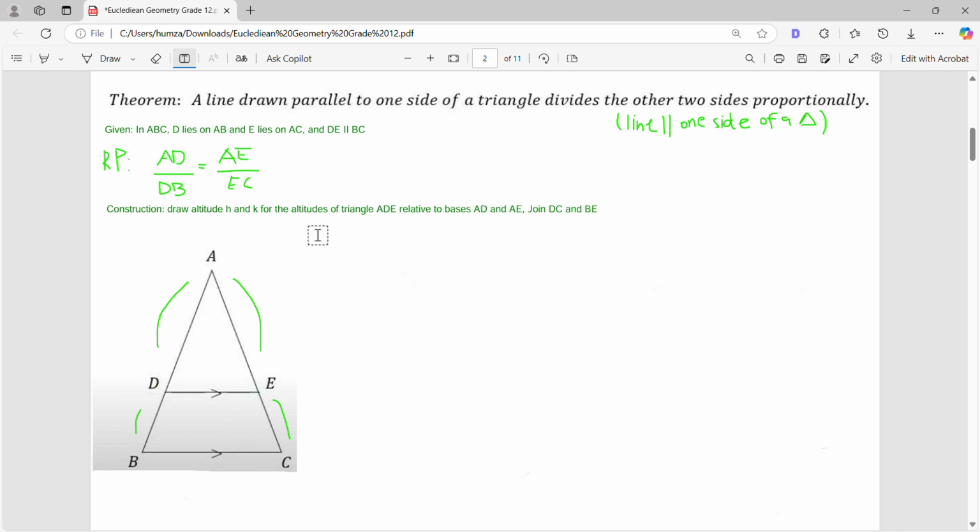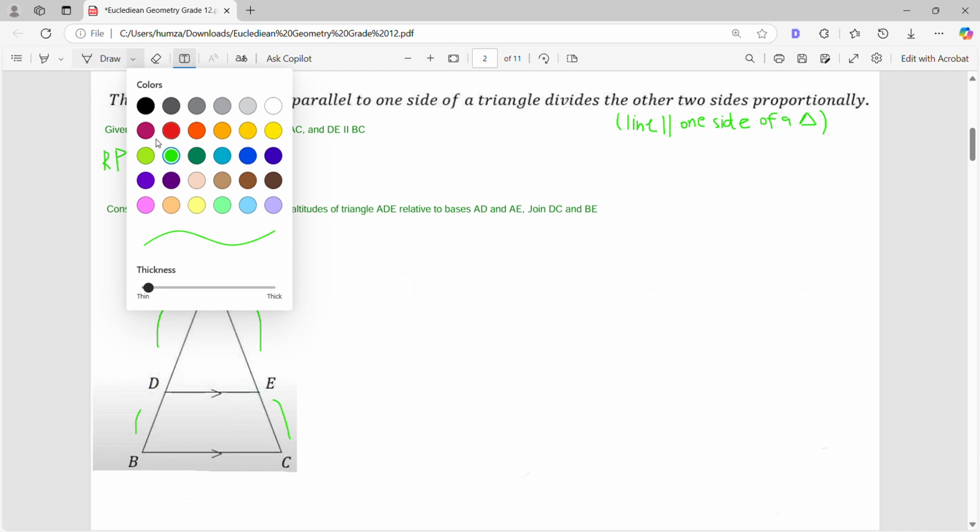We are going to draw the altitude based on the bases. We said this is the base AE and this is the base AD. Now we are going to draw h.